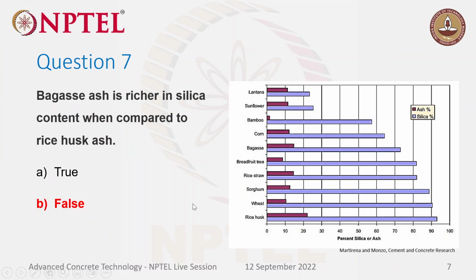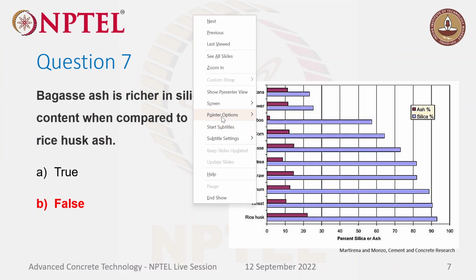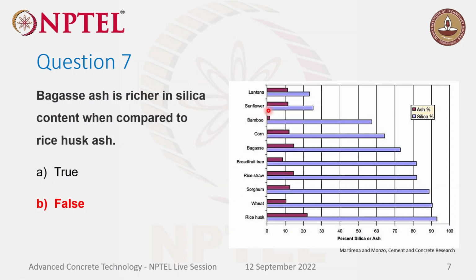So this is one of the diagrams taken from the lecture, by Martirena and Monzó. Here the purple color indicates ash percentage. If we burn bagasse, the ash percentage we get is around 15%, and if you burn rice husk, more than about 22% is received as rice husk ash.